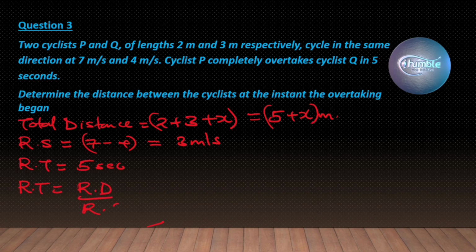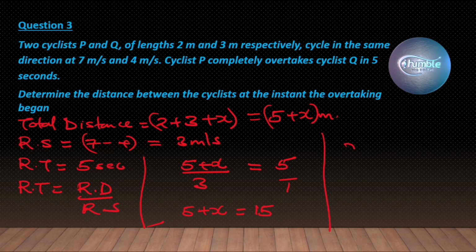That is, 5 plus x over relative speed 3 should be equal to the total time taken, which is 5 seconds. So cross multiply. 5 plus x is equal to 15. So x is equal to 15 minus 5. So x is therefore 10 meters.